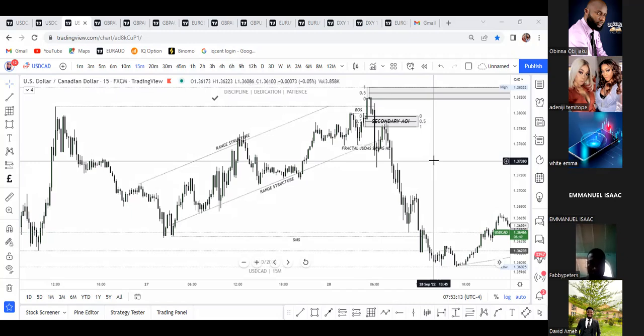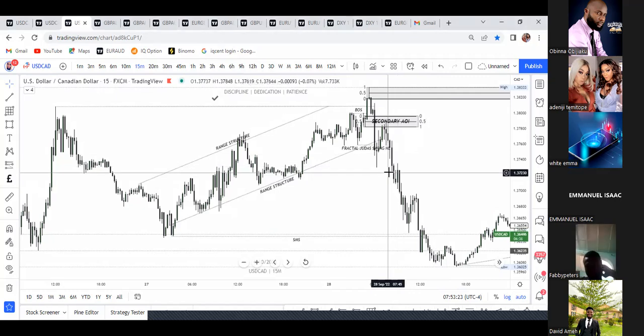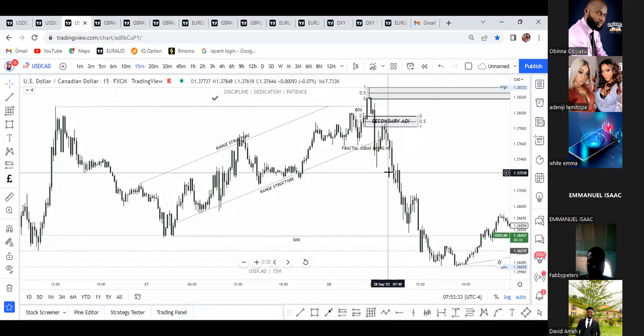After reaching old lows, it would form a rejection block. After a rejection block, it would form a bullish order block. After a bullish order block, it will leave a fair value gap behind and also a liquidity void. After which it would form a bullish breaker, then give us a bullish mitigation.